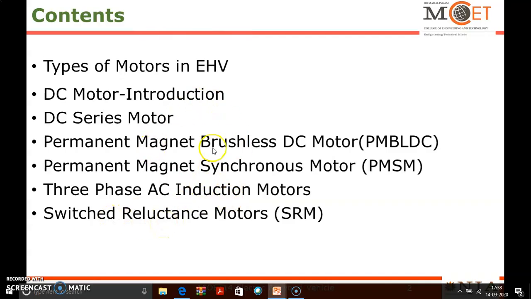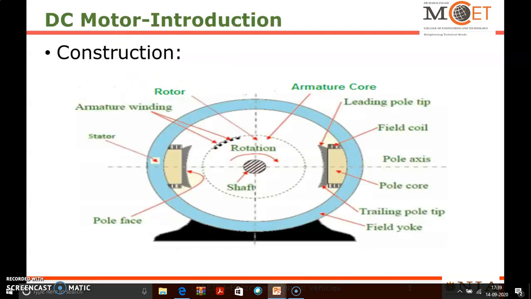All these motors are preferably used with high starting torque in electric and hybrid vehicles. Today we are going to see the constructional details of the DC motor with the help of its diagram. So this is a DC motor constructional diagram.